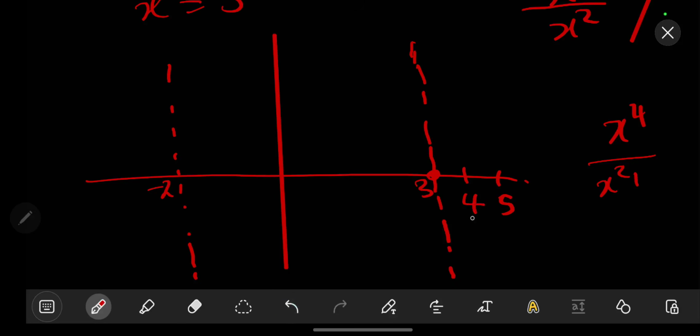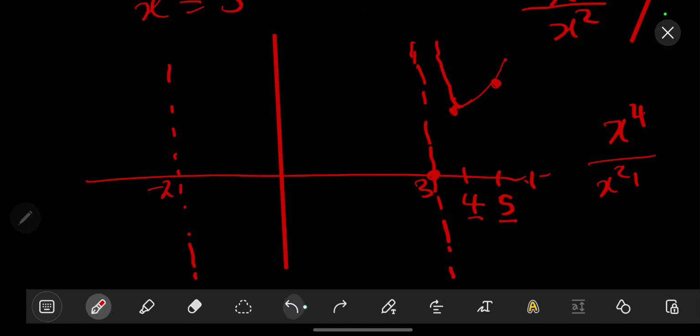Let's see the value at 4 and the value at 5. If the value at 4 is a smaller value and the value at 5 is a bigger value, we can just use those 2 points and curve the graph upwards. It means for each increase in x beginning at 4, the graph will be going up.